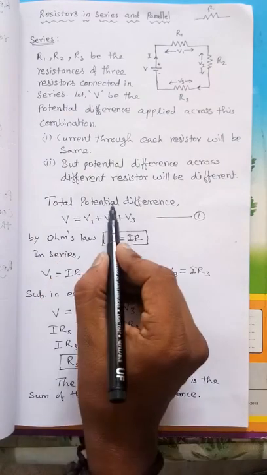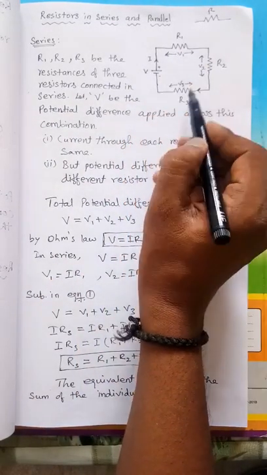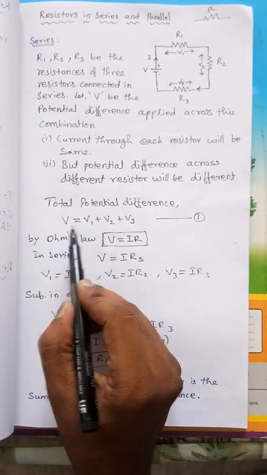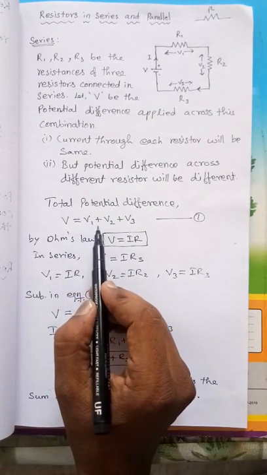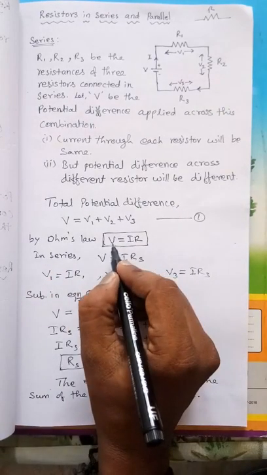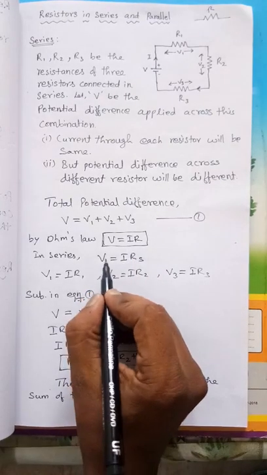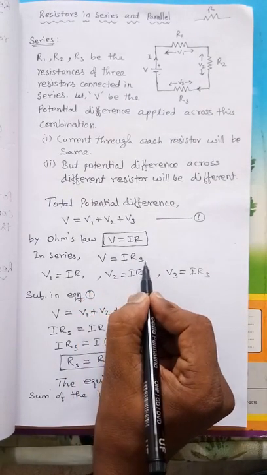So here the total potential is split into V1, V2, V3. The total potential is equal to the sum V1 plus V2 plus V3. By Ohm's law, you know that V is equal to IR. So since V is changing, you take V is equal to I Rs, where s means series connection.